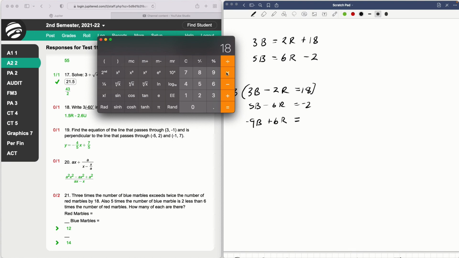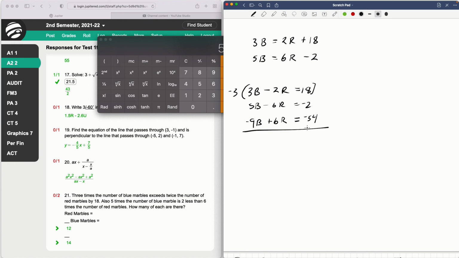All right, now I can put them together. So negative 4b equals negative 56. Divide both sides by negative 4. I get b is equal to 14. Number of blue marbles is 14.